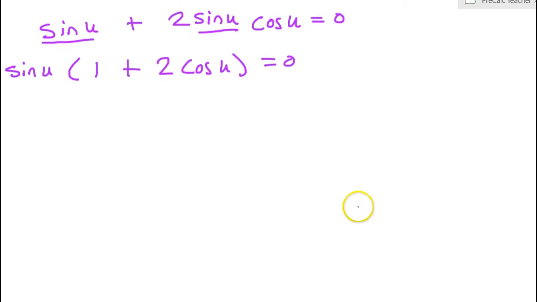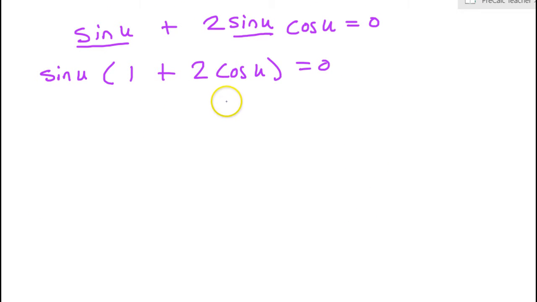Now I'm going to have to scroll up because I'm going to need the space. So now I can use the zero product property and set each factor equal to 0. So I'm drawing a line right here and I'm saying, okay, sine u is equal to 0. So that's going to give me some solutions. And I'm going to have 1 plus 2 cosine u is equal to 0.